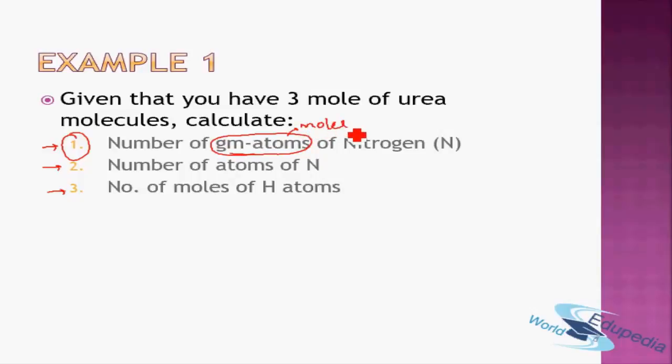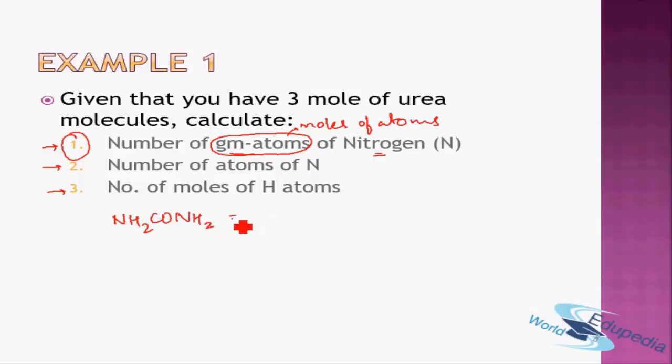Moles of atoms of nitrogen, that is what it means. So they are asking you to find out how many moles of atoms of nitrogen are present in 3 moles of urea. Now you must know the molecular formula of urea, which is NH2CONH2.